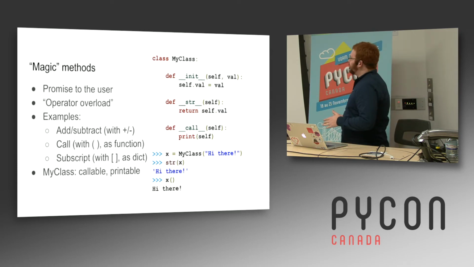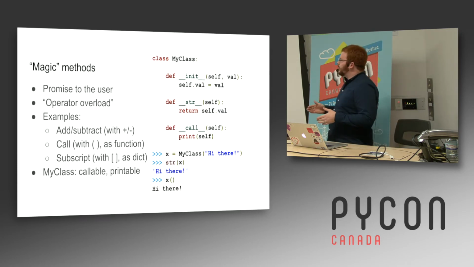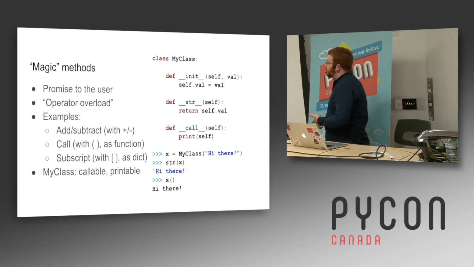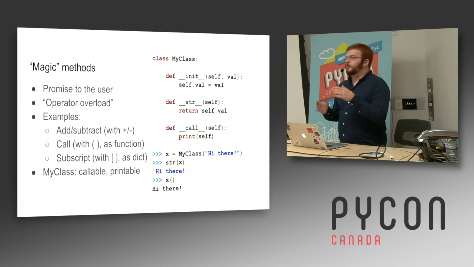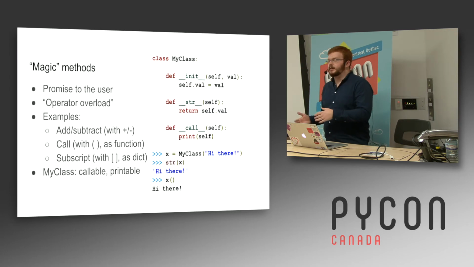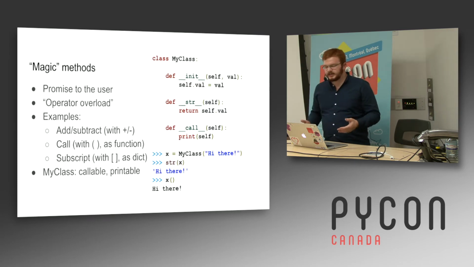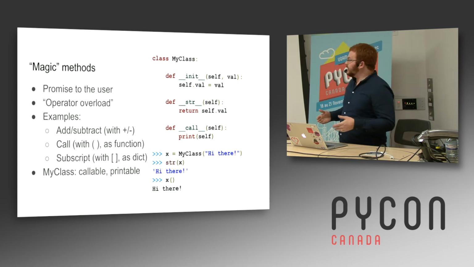So let's switch track a little bit and talk about magic methods. These are also called dunder methods, and you've probably seen them in a number of talks today. But really what they are is a promise to the user. When you see something implemented like this on a class, what it's basically saying is, I meet the requirements for a certain basic Python operation.